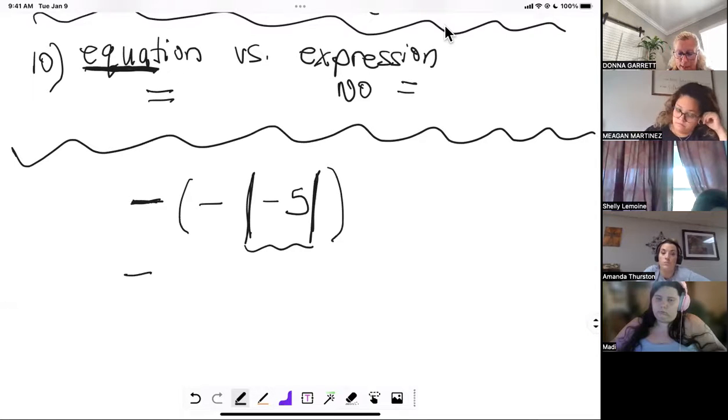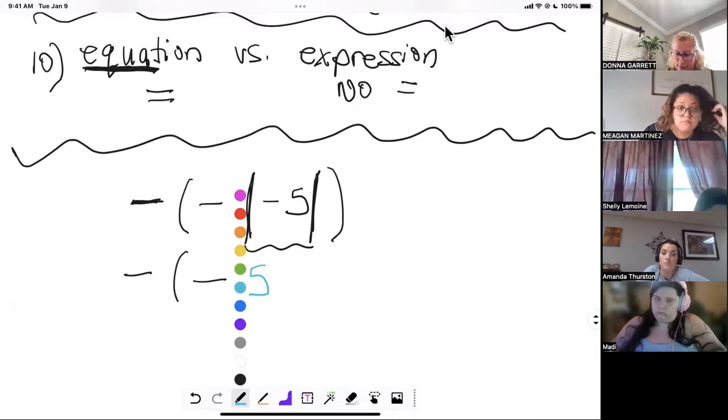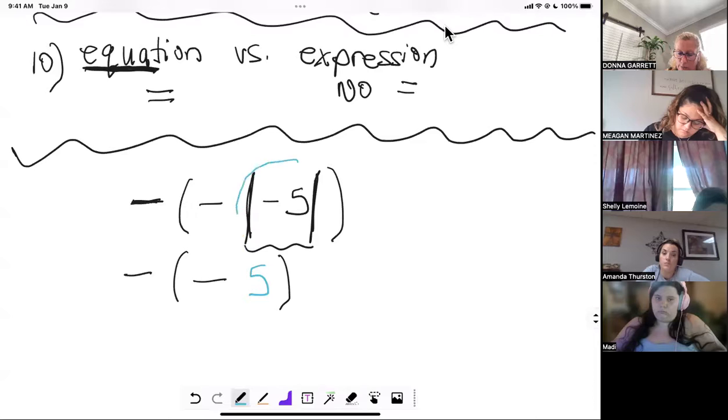The negative comes down, and then the absolute value of -5 is 5. All I did was simplify the absolute value of -5, and that became 5.